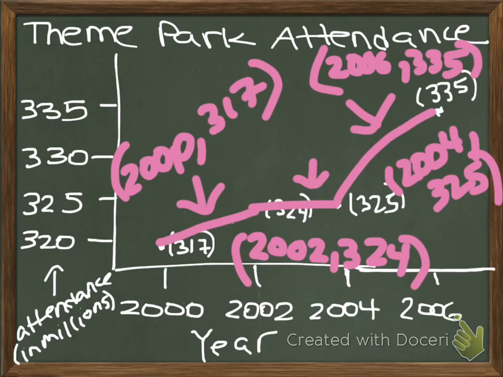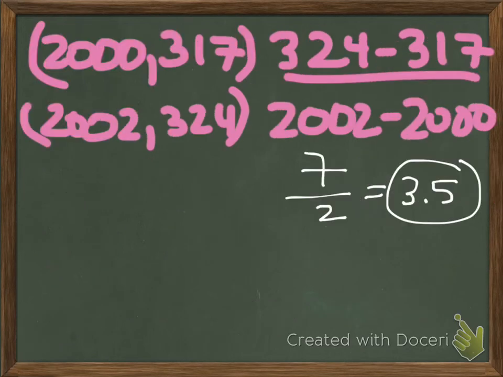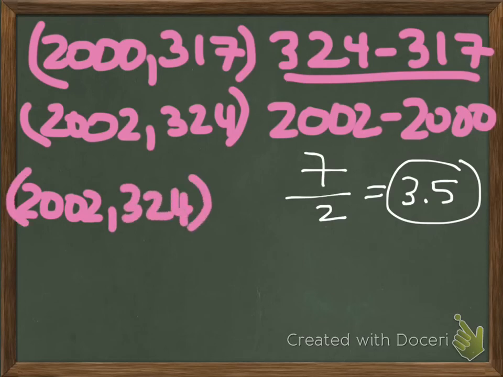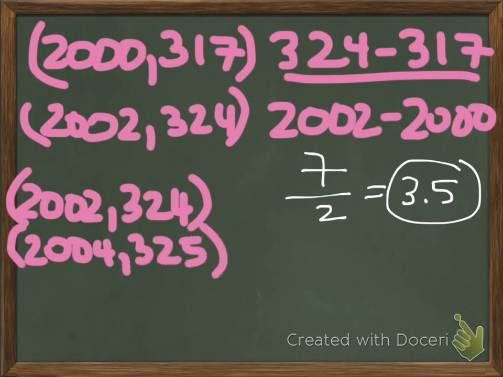Now I go with my next 2 points. 2002, 324 is going to be used again, and then that's going to be with 2004, 325. So again, find my slope, or my rate of change, my y's over my x's.